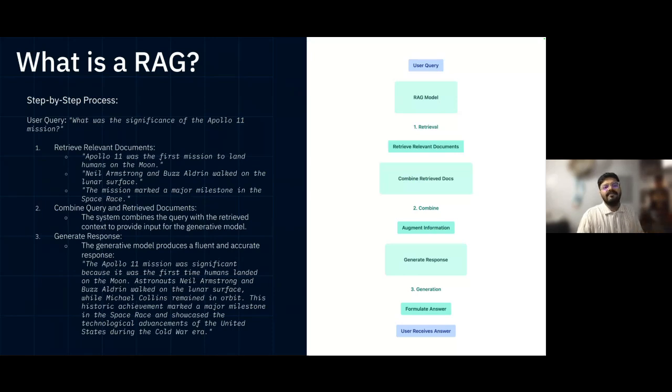All those relevant documents could be fetched using a RAG system. Then we combine the query and the retrieved documents; the retrieved documents provide context as input for a generative model. By combining the document information and the LLM, it's able to make a better response similar to this.